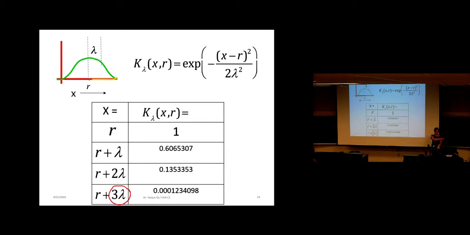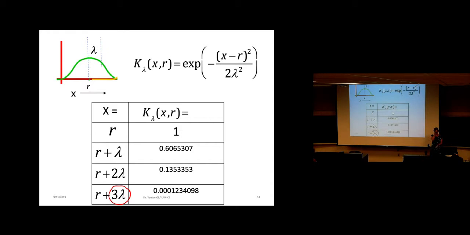Think about there's a bell shape on top of me. I'm sitting at the center R. So the position I stand is R. If I'm standing at R, R minus R equals 0, what does the radial basis give me? 1, right?